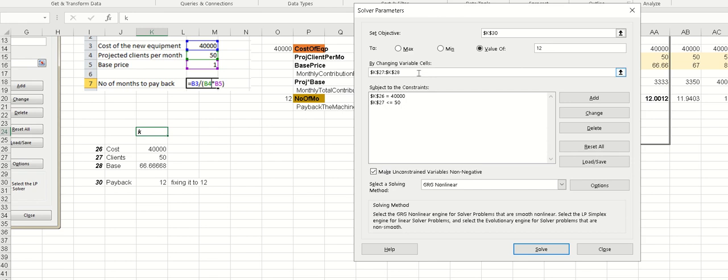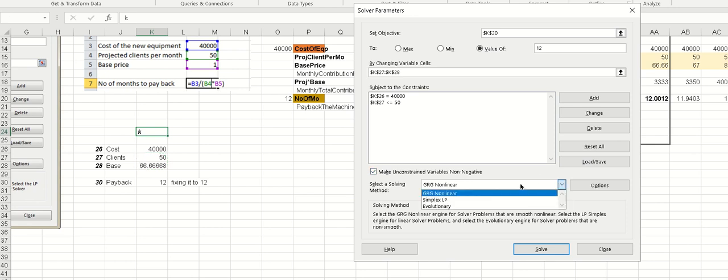What is your decision area? The decision area is this, K27 up to K28. We make the K27, the clients, less than 50, and we make the machine equal to 40. All right? And take note, make unconstrained variables non-negative.